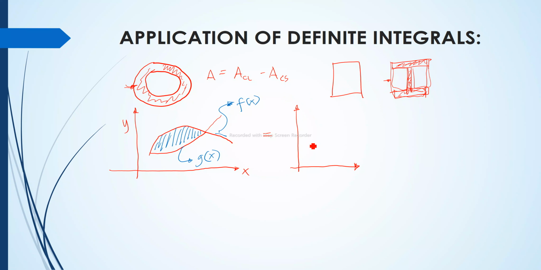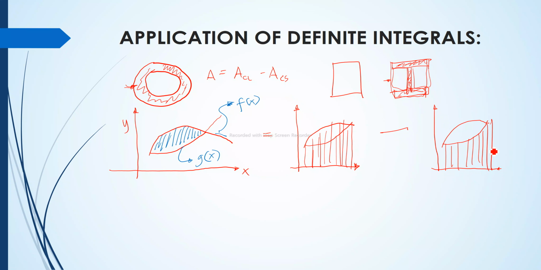First, we get the area of this region, which is something like this. And then we subtract the area beneath that one. And eventually, we'll be able to get the area of this region. This is the region bounded between two curves.